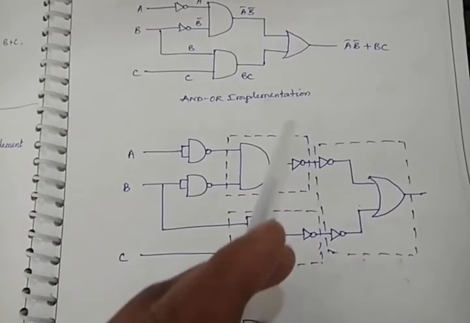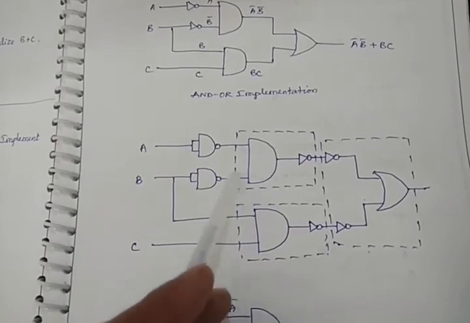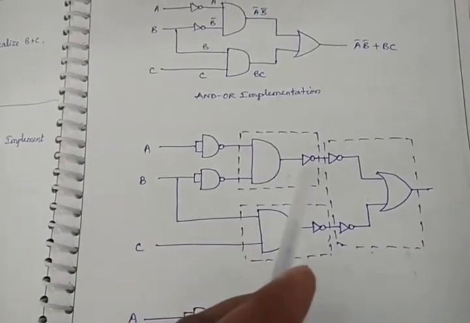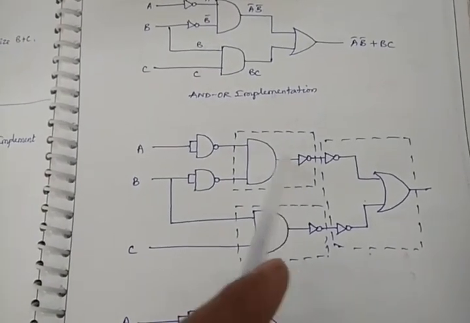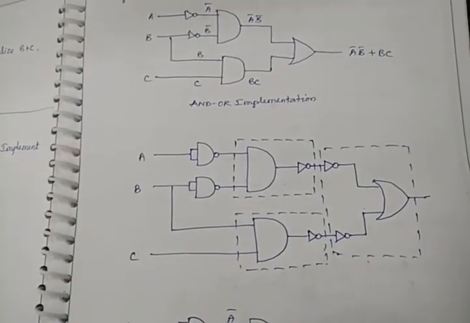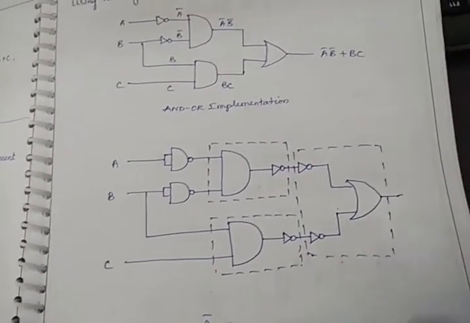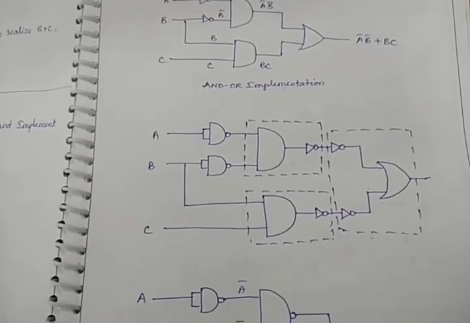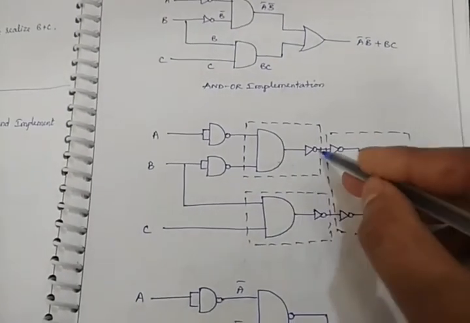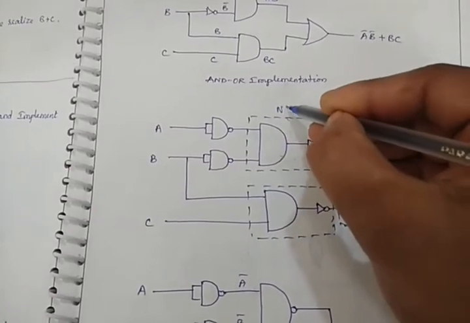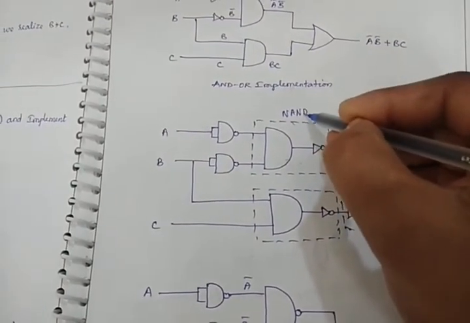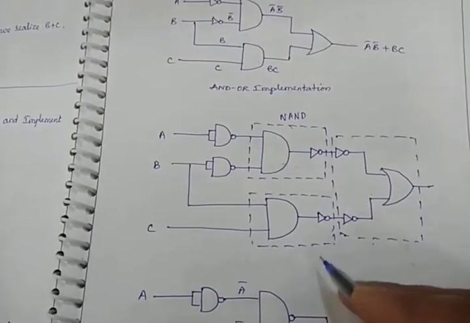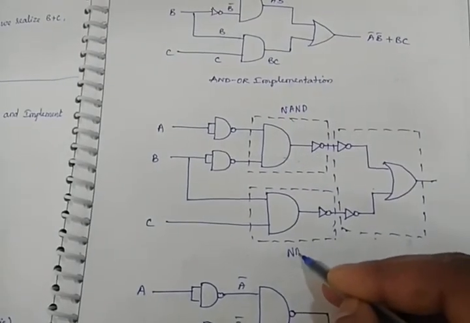See, group this one. AND plus NOT is NAND. See, I will write here: AND plus NOT is NAND. Here, AND plus NOT is NAND.